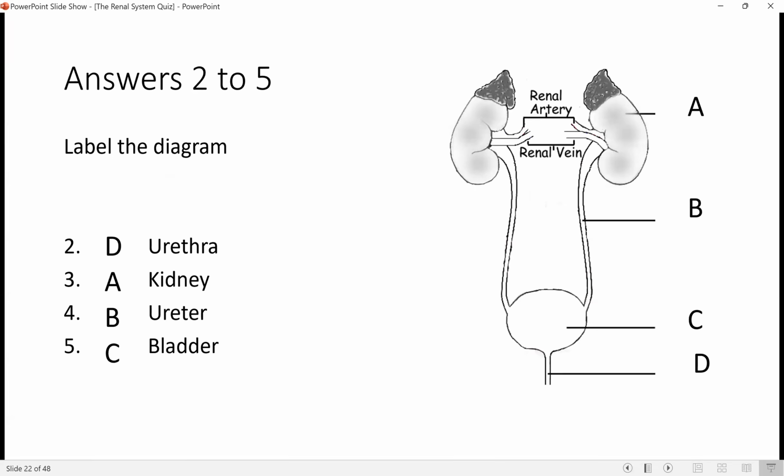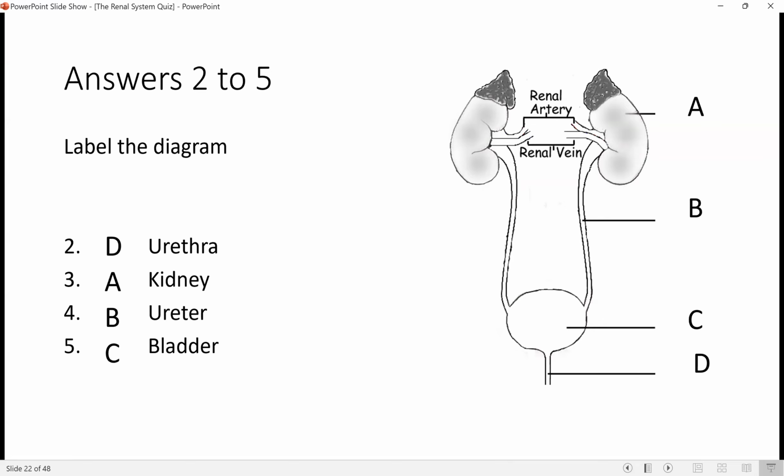Answers 2 to 5. So if we start with A, that is the kidneys, question 3. B, that is the ureter, which goes from the kidneys to the bladder. C is the bladder. And D is the urethra.